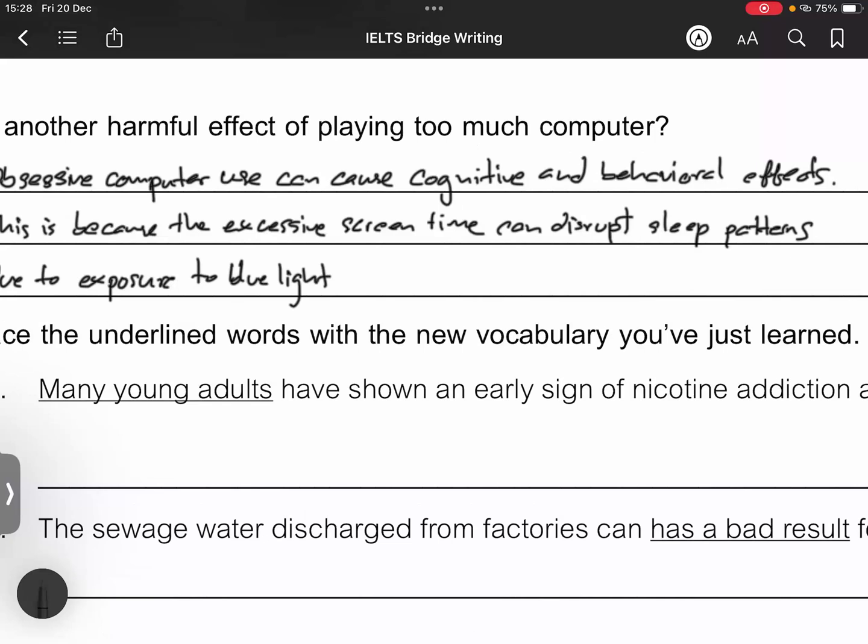So that's some cognitive effects. What else?